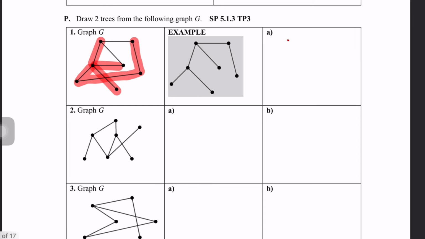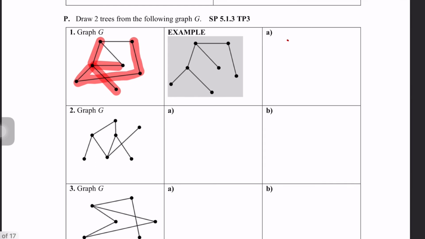Okay, saya bagi contoh satu untuk nombor 2G ni. Okay, for example, yang ni yang asal. Okay, sebagai contoh saya ambil bentuk ni. Okay, 1, 2, 3, 4, 5, 6 pun boleh.